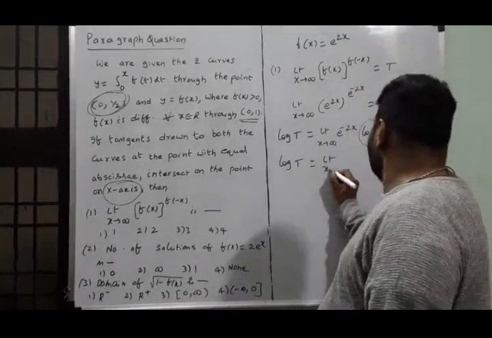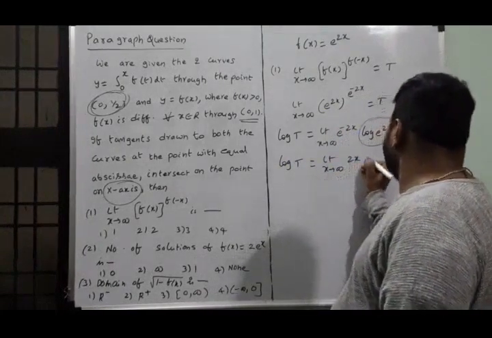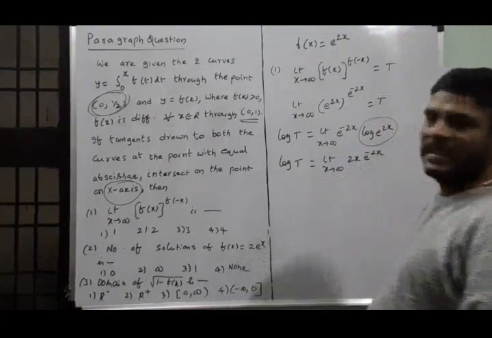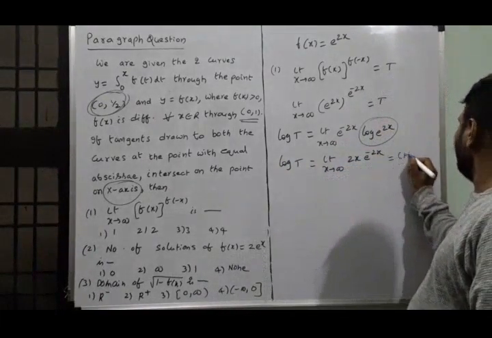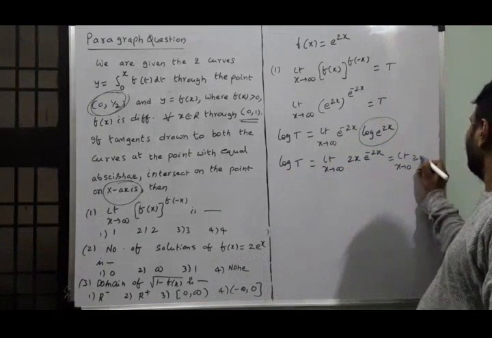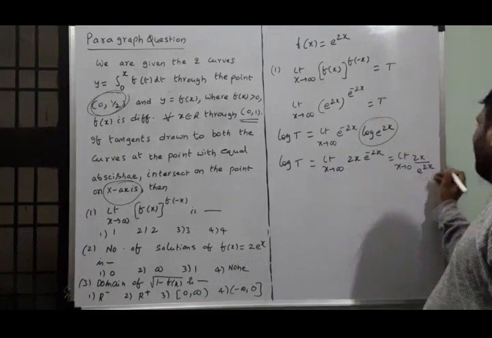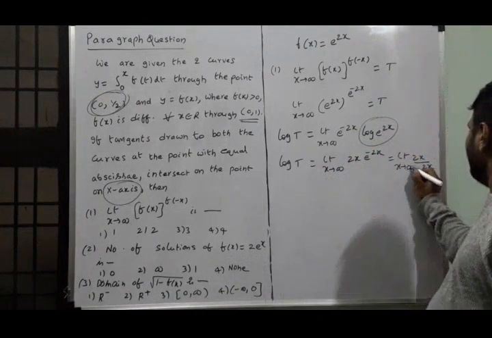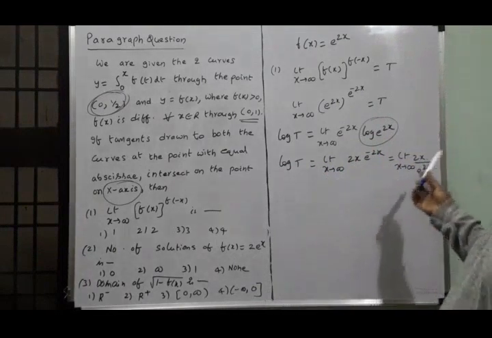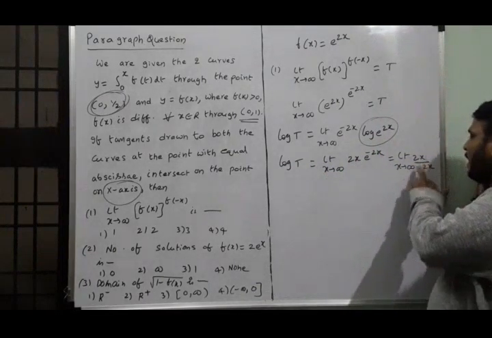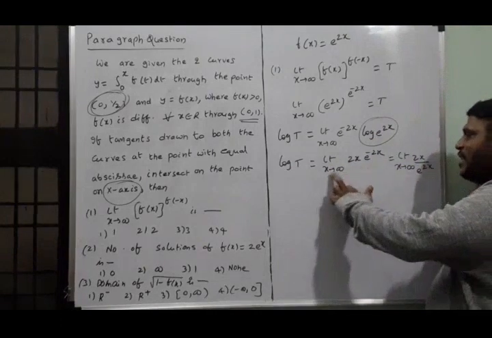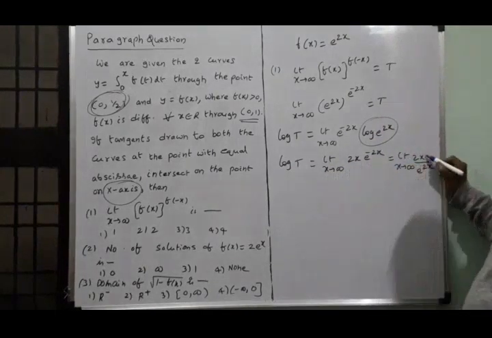So limit x tends to infinity, 2x into e power minus 2x, that is equal to limit x tends to infinity, 2x by e power 2x. Now substitute x tends to infinity.